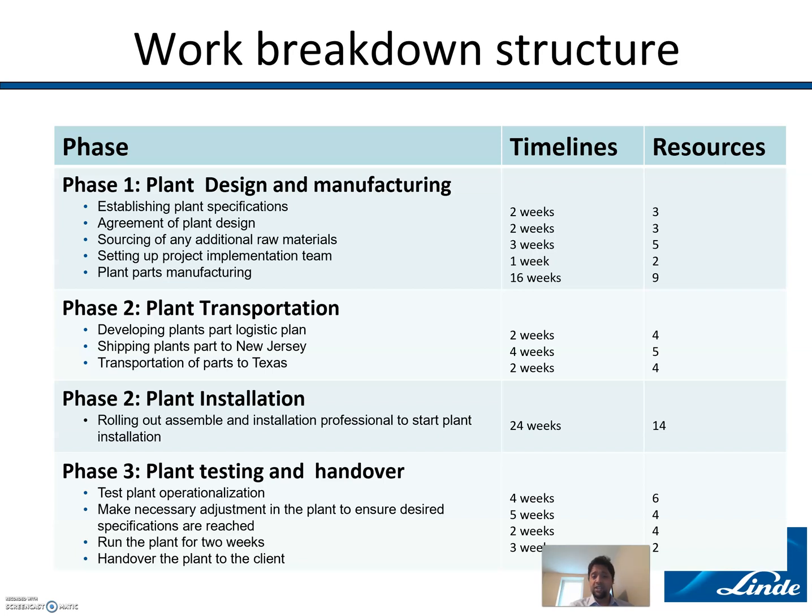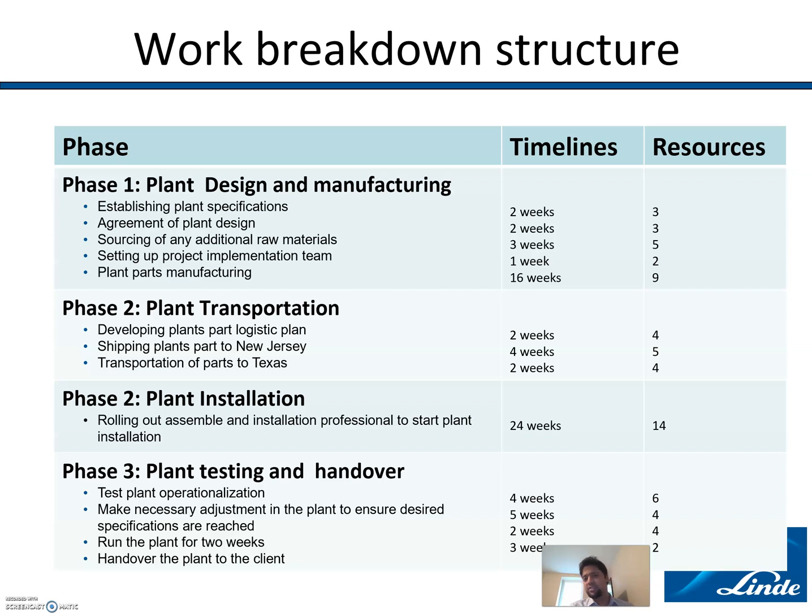Let's just get into the second phase, plant transportation and plant installation. Developing plant logistics, shipping parts to New Jersey, then transporting the parts to Texas. And for the plant installation, rolling out assembly and installation professionals to start plant installation. Plant testing and handover would be the third phase.